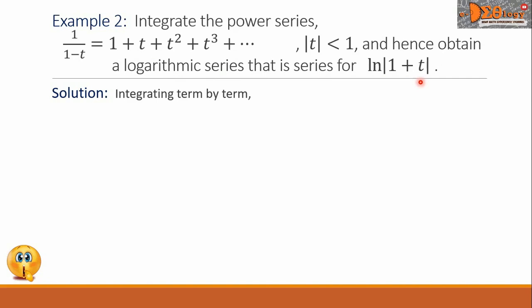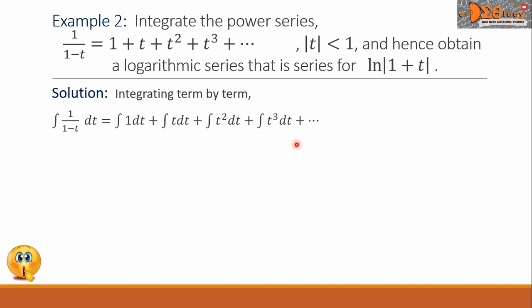First, let us integrate term by term. We want the integral of 1 over the quantity 1 minus t, dt. So we have the integral of 1 dt plus the integral of t dt plus the integral of t squared dt plus the integral of t cubed dt plus and so on.